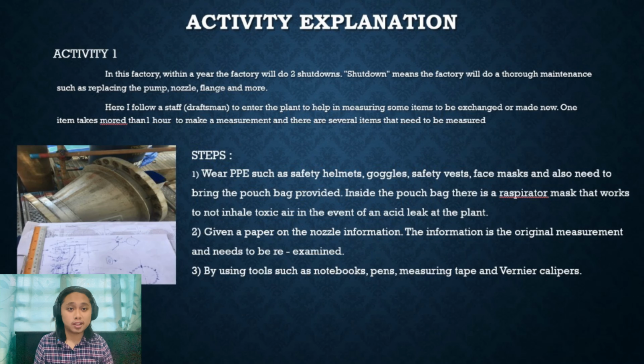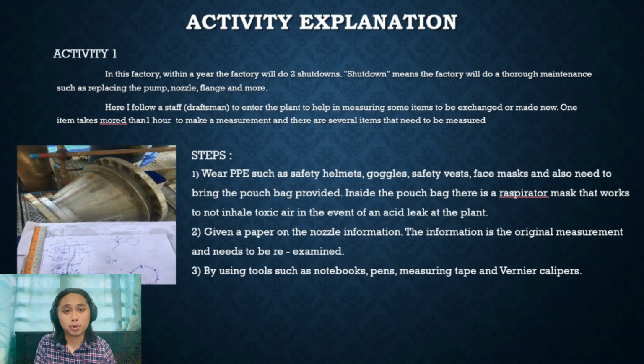Here I followed a staff draftsman into the plant to help him measure some items to be exchanged or made new. One item takes more than 1 hour to measure, and there are several items to be measured.